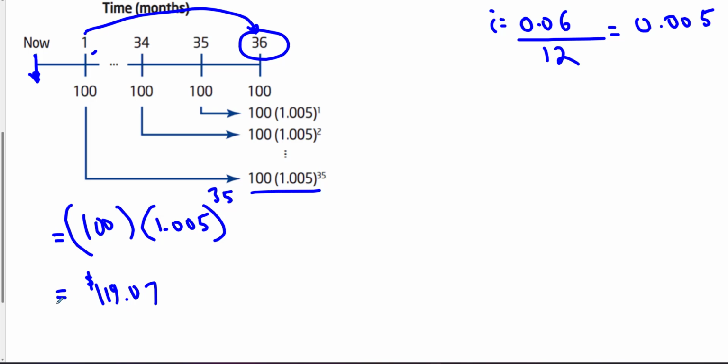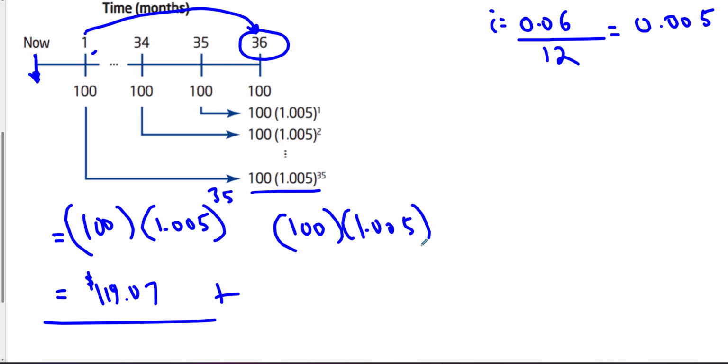So this amount, I'm going to add it to another $100 that I deposited 1 month later. But because I deposited 1 month later, I don't have 35 months of interest on it, and now I have 34 months of interest, because I deposited this on month 2.